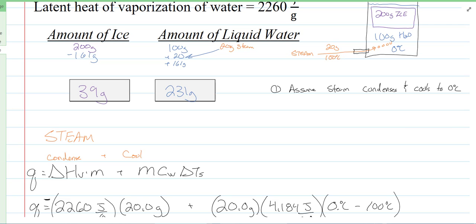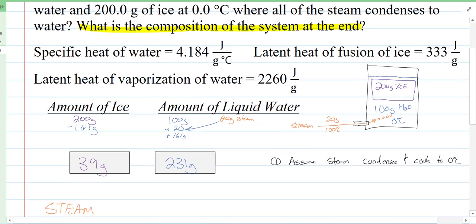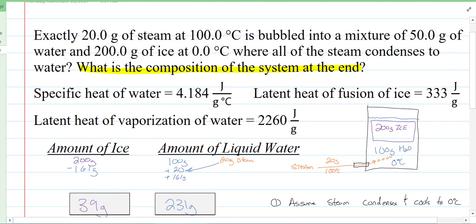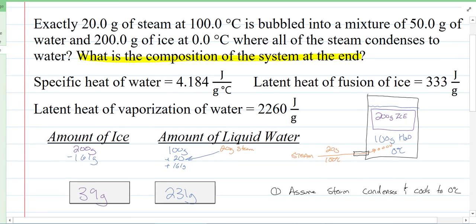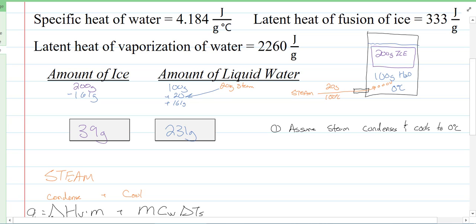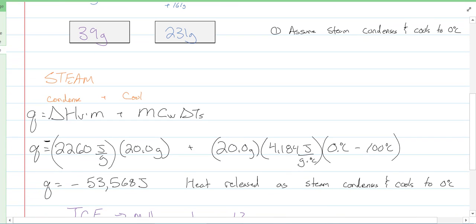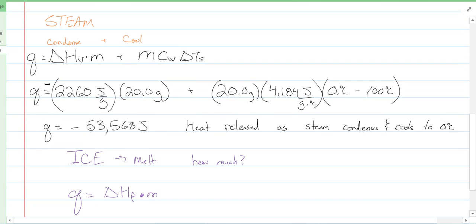A little more than 3/4. So what did we do? We assumed, because there's an amount of ice and an amount of liquid water, oh, there's probably some ice left. And then we calculate how much energy can the steam release, the maximum amount of energy that can come out of the steam. And that's what we calculated right there, 53,568 joules.